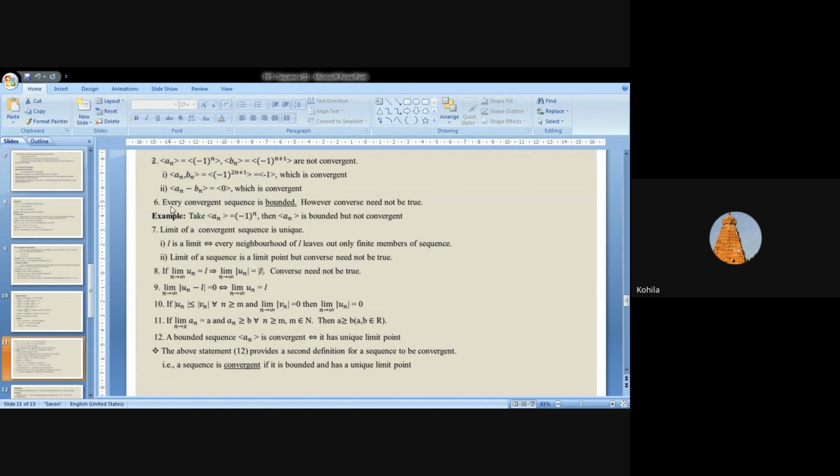Next statement 7.21: every convergent sequence is bounded. You can expect this statement in part B. Every convergent sequence is bounded.